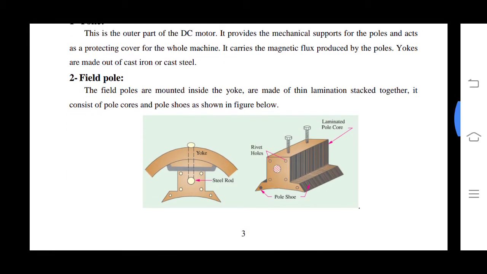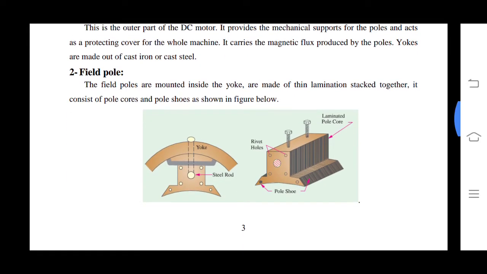Field poles are mounted inside the yoke and are made up of thin laminations stacked together. They consist of pole cores and pole shoes, as shown in the figure below.